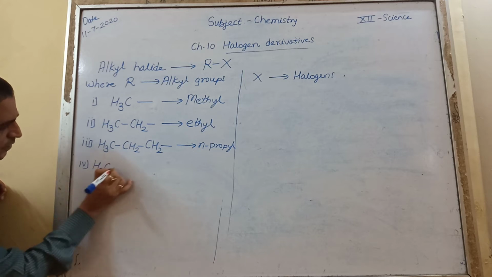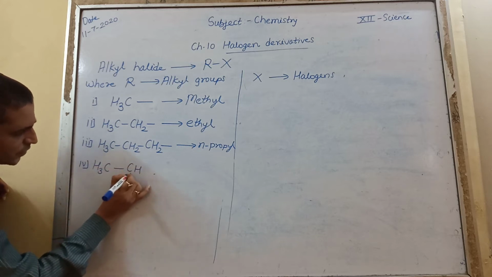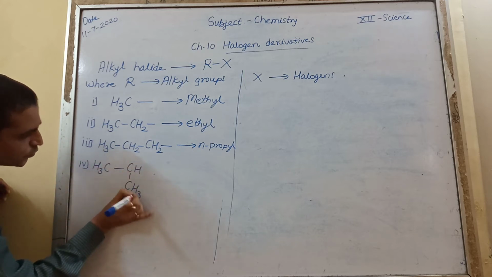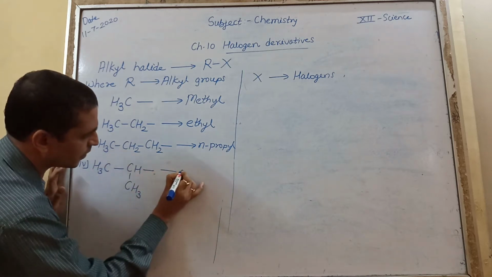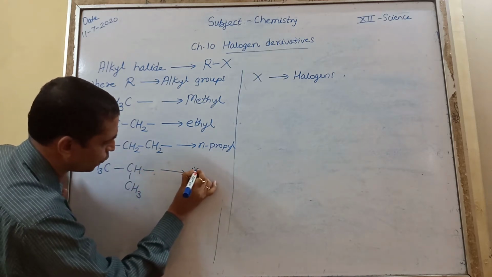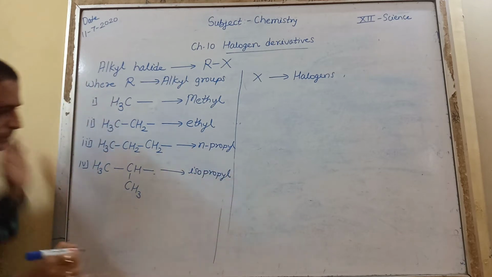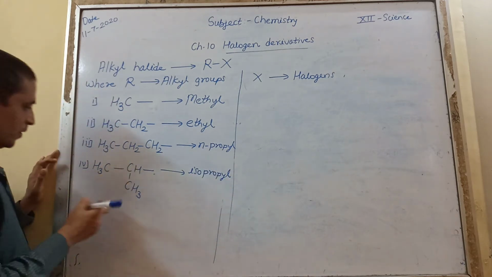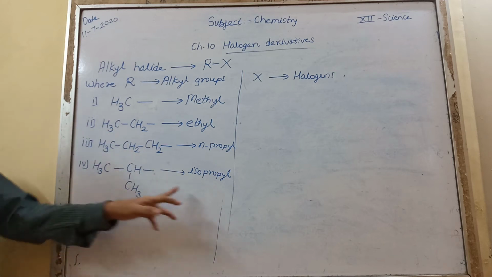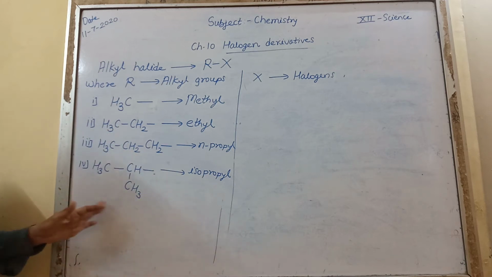H3C CH CH3, you know this is what? It is isopropyl. Etc. We can write down about tertiary butyl, pentyl, etc.